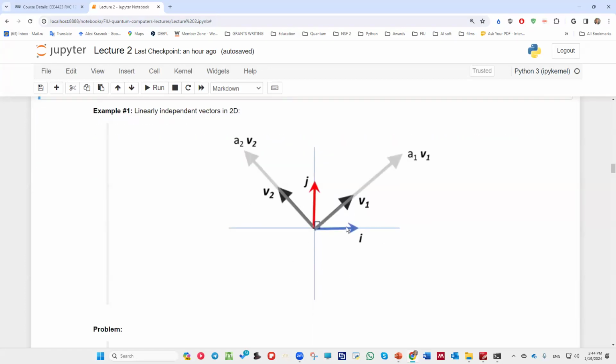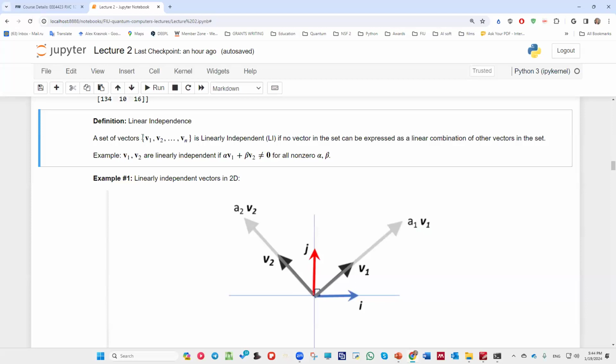Important point here to understand is that for the particular space, there is an infinite number of such sets of vectors.